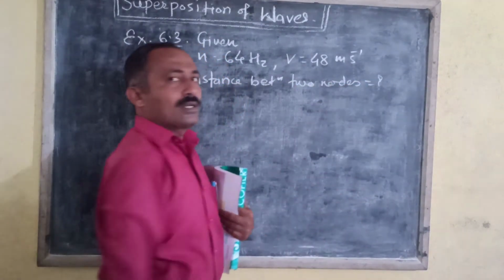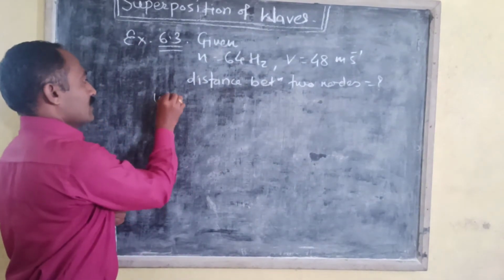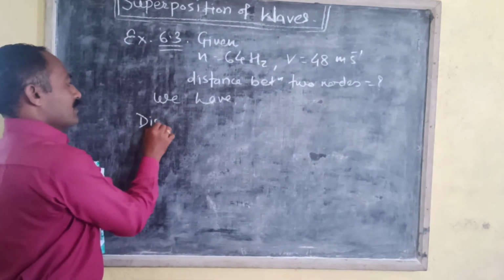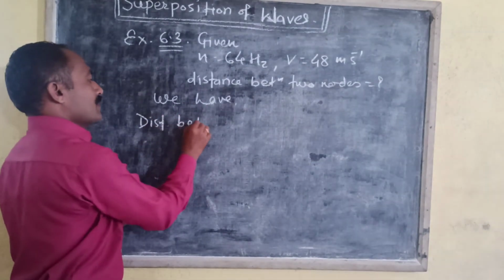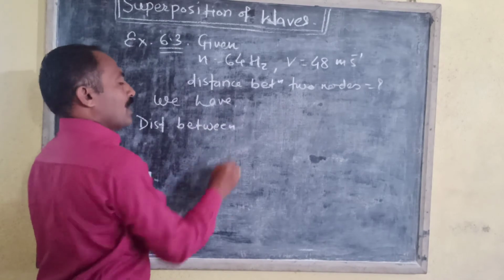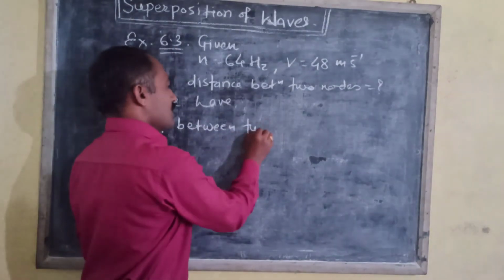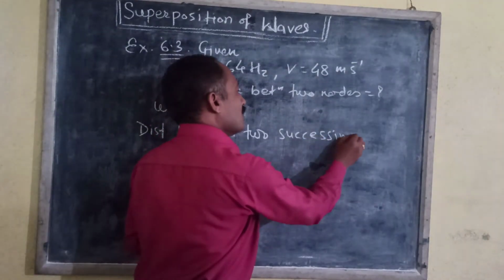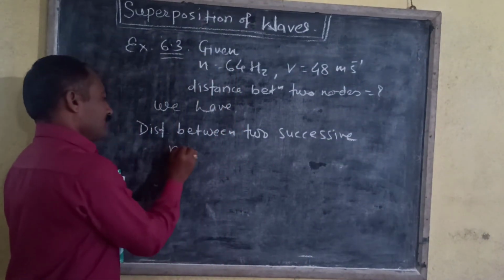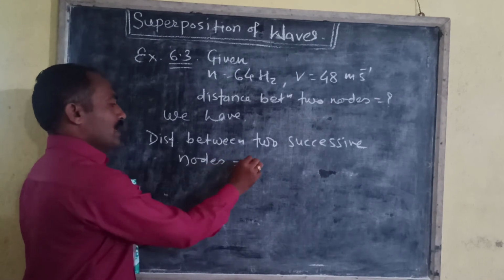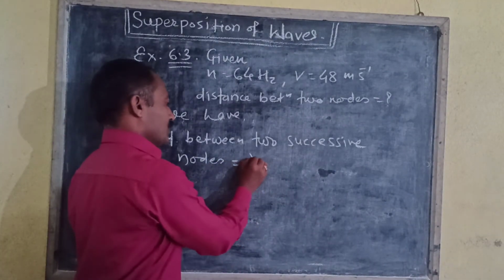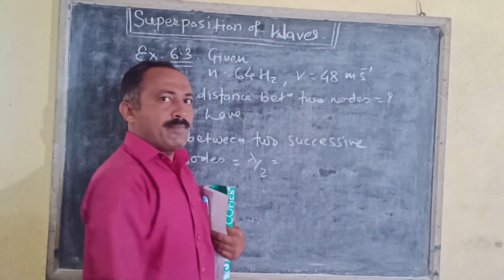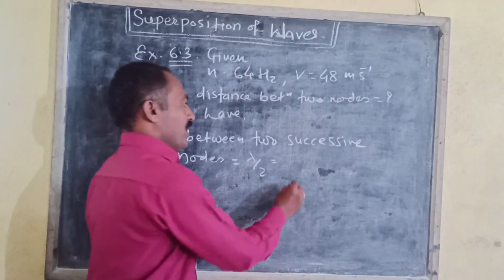The distance between two successive nodes is equal to lambda by 2. As we know that V is equal to n lambda, therefore lambda is equal to V upon n.